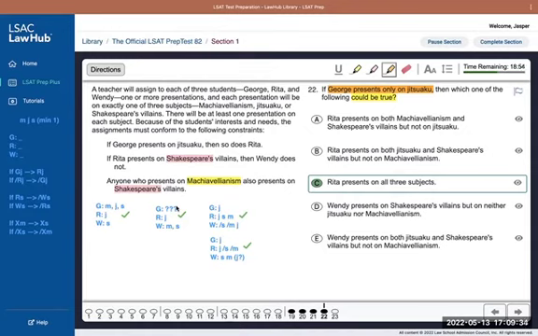Certainly not for very long before you would catch that mistake, because you're always going back to the rules every time, making sure that you've got them and they're working for you.